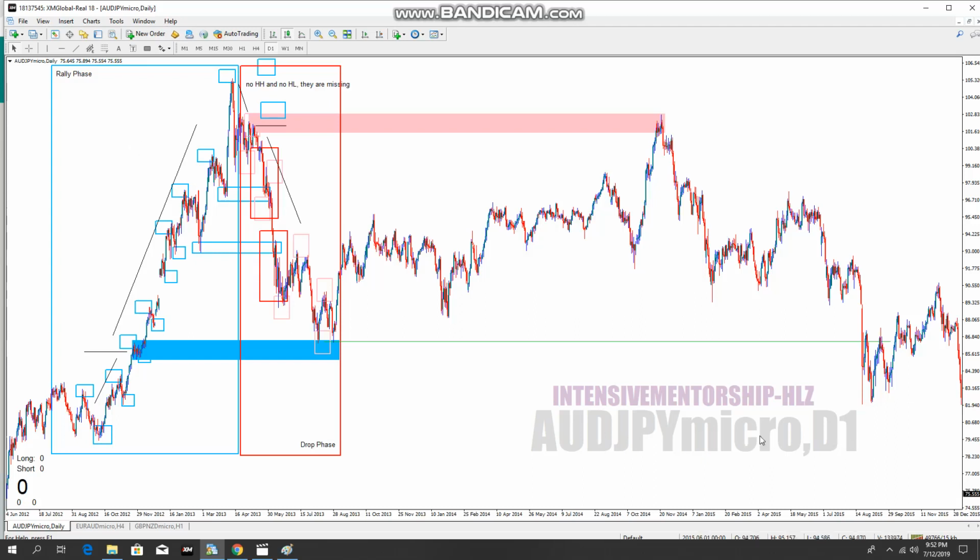Since it's a daily time frame, you will wait much longer. Imagine this is only an M15 or M5, so that could be easier for you. But for study purposes, you are going to learn how to spot the market structure only.